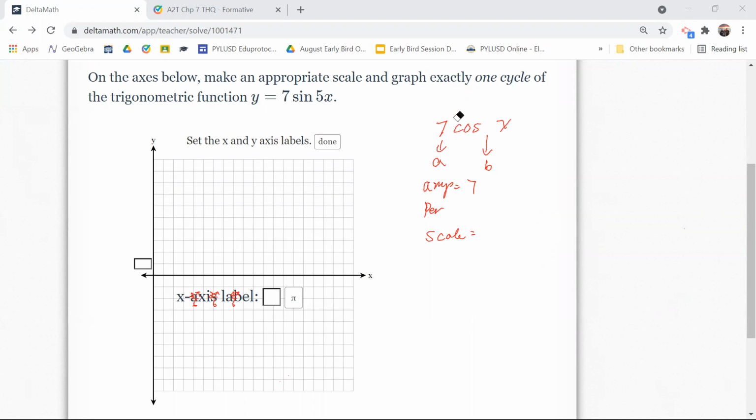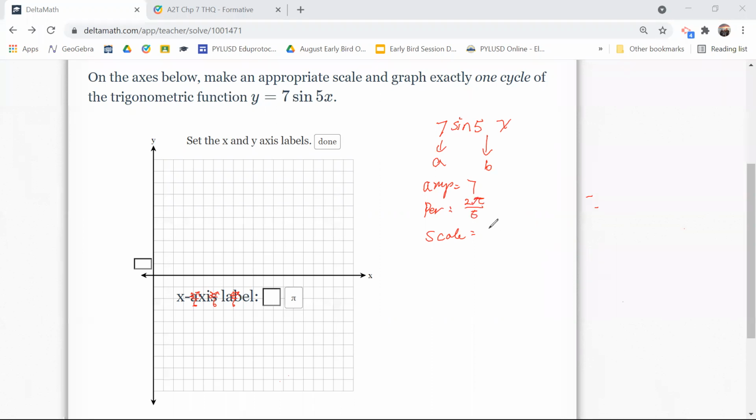Okay, so this is a sine version. 7 sine 5x. Okay, all right, amplitude 7 again. Here the period is 2 pi over 5.